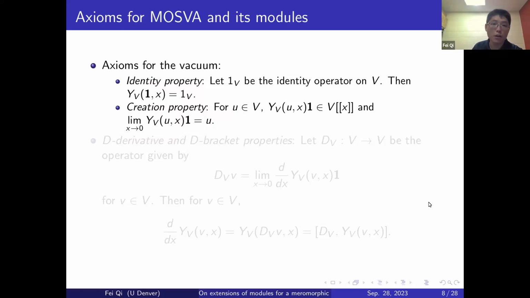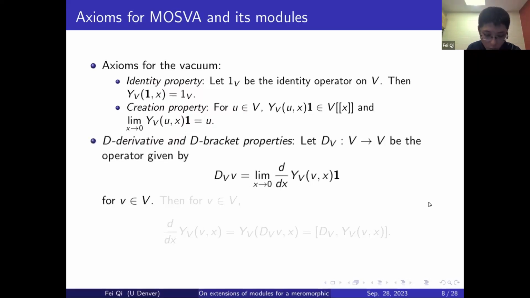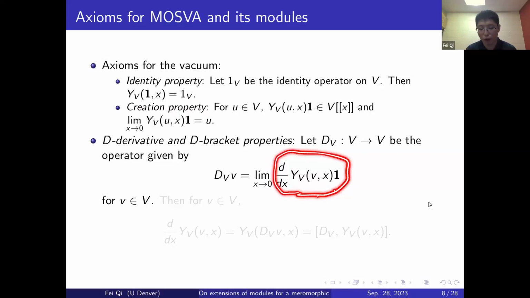All right. Aside from these axioms, we also need a capital D operator, and we require the capital D operator to satisfy the derivative property and the D bracket property. Here again, the capital D plays the role of L-1, except that we do not need a conformal element to define it. We can simply define the capital D using a formula: you take the derivative of the vertex operator acting on the vacuum, then take the constant term.